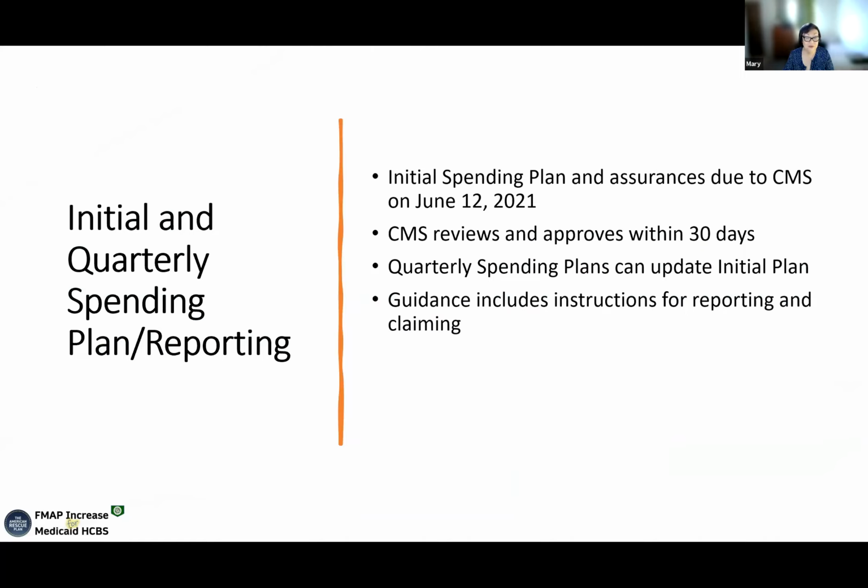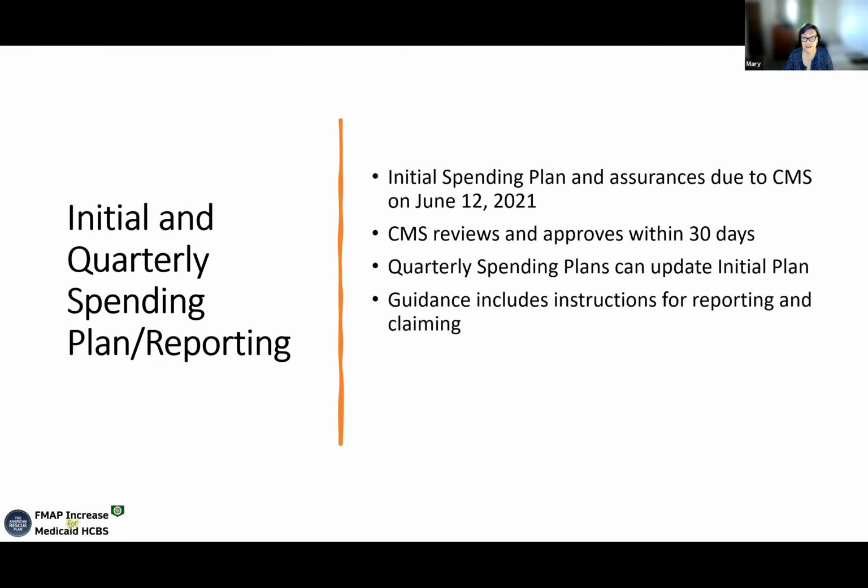So one of the other features of the CMS guidance is that there are requirements around having a spending plan, an initial one, with updates quarterly, and to be able to report on the spending. So it's technical in the nature of how activities are reported, but the initial spending plan, along with assurances that you are meeting the requirements of the law, currently are due to CMS on June 12th, 2021.